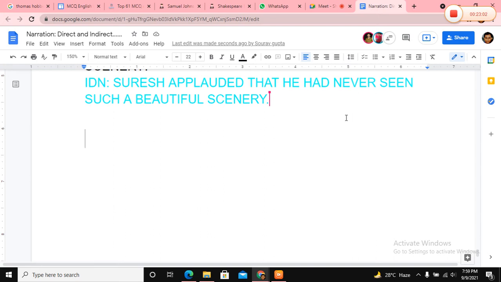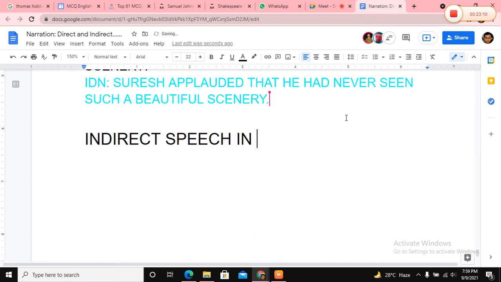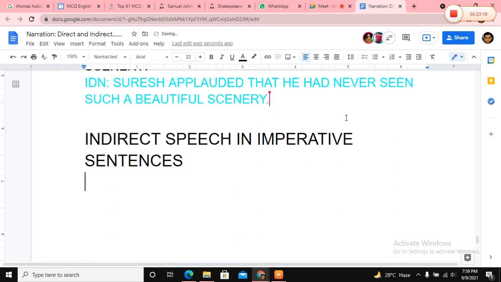So now we come to the next point, indirect speech in imperative sentences. What do you understand by imperative sentences?